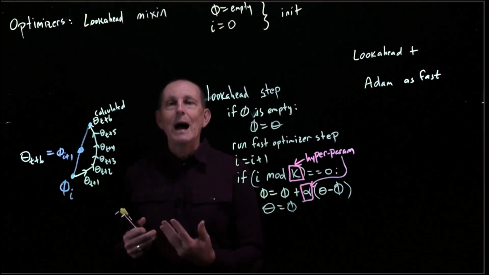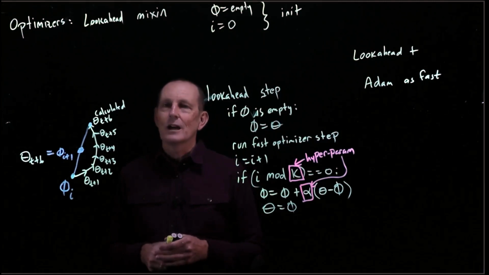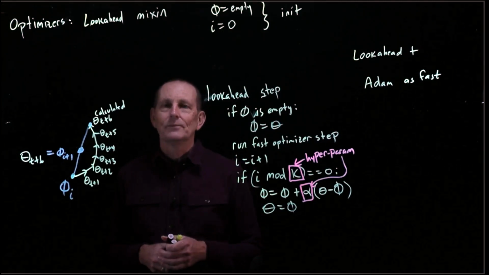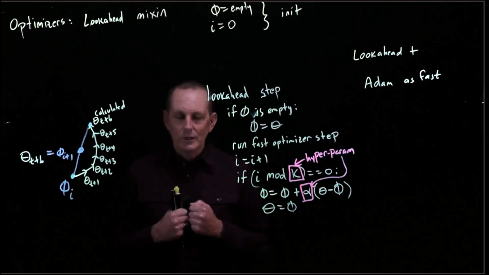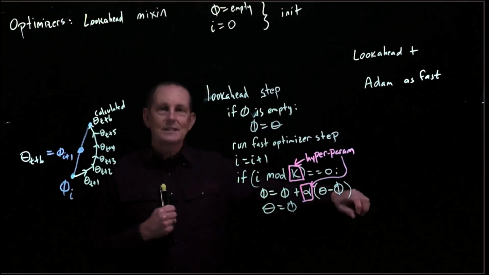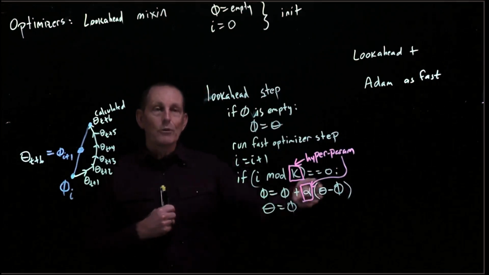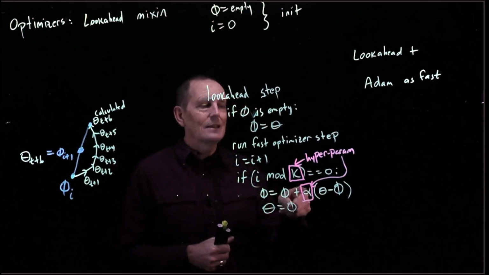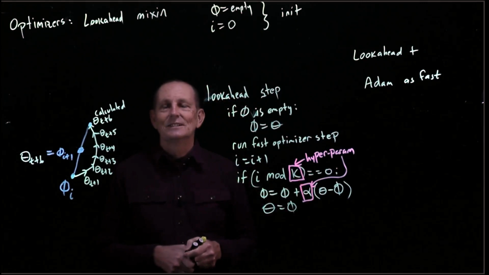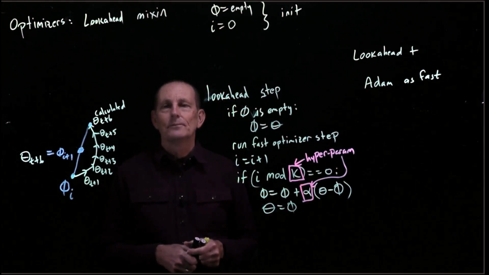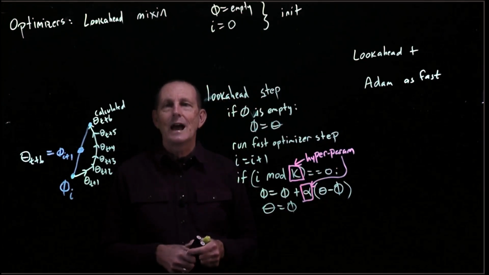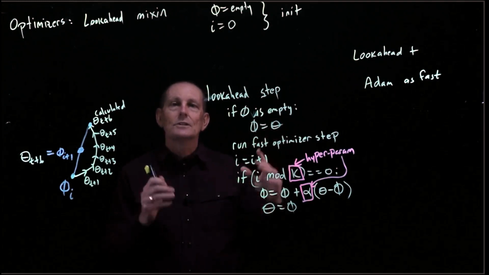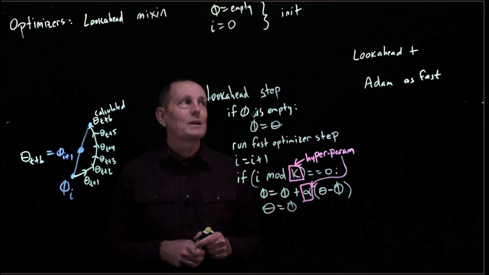So we're going to get them out of whatever trouble they are in because we're not going to go all the way in that direction. We will stop, we will let them go k steps to wherever they end up. We've got our rope now, and then we both start going back on the rope and meet in the middle, or alpha of the way along the rope. So it acts as this moderating influence on the fast optimizer.